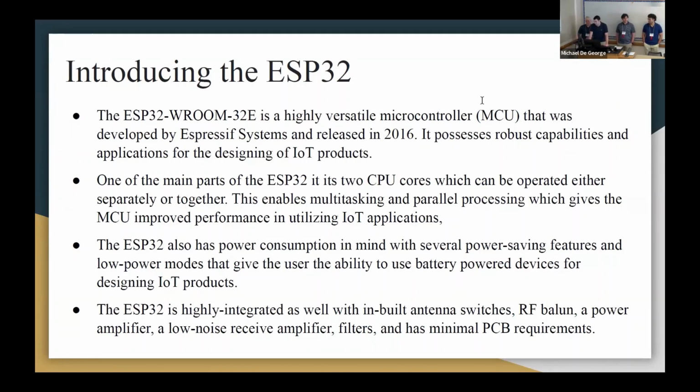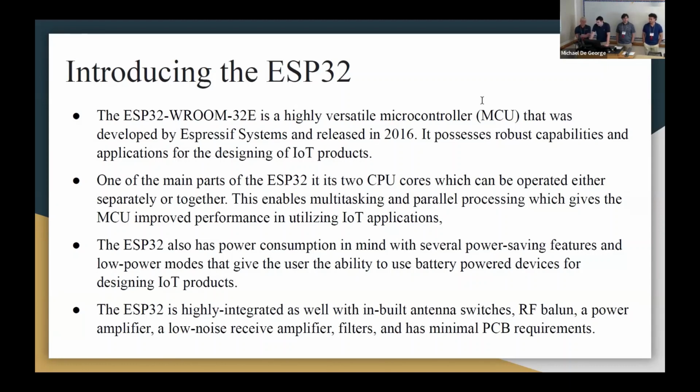One of the main parts of the ESP32 are its two CPU cores, which can be operated either separately or together. This enables multitasking and parallel processing, which gives the MCU improved performance in utilizing IoT applications.